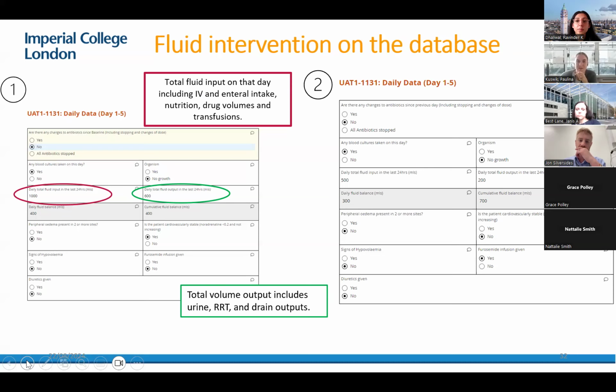As you can tell, the daily fluid balance is auto-calculated, and then the cumulative fluid balance is the total from day 1 and 2. So all we would ask you is to input the total daily fluid input and output, and everything else is auto-calculated on OpenClinic or on the database. So if you can just input that data from day 1 to day 5, continuing on until the protocol is over.